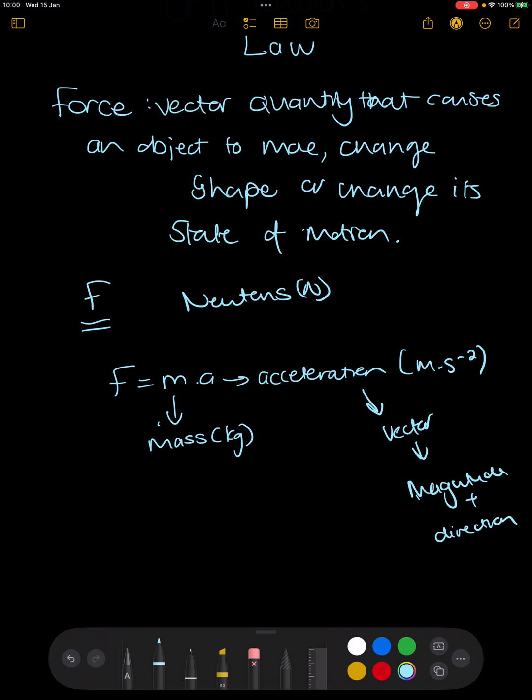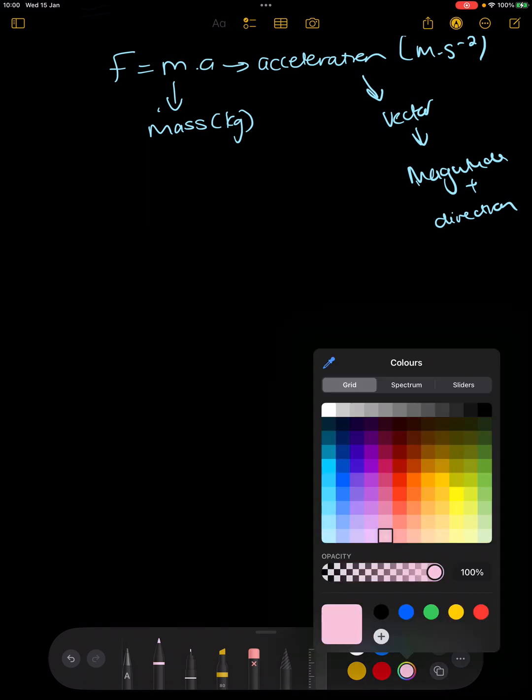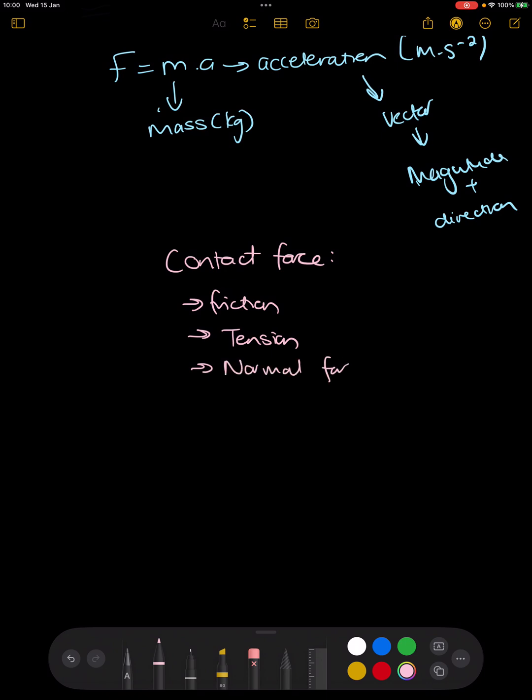Then we get different kinds of forces. We get contact forces. A contact force is when the objects have to be in contact in order for the force to take place. These would include friction, tension, normal force, and applied force.